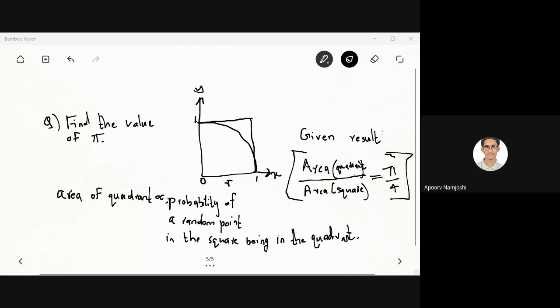Go ahead. We can think of anything which has area in terms of E. Okay, so if you can come up with a problem where a ratio of areas can be represented in terms of E, then maybe we can estimate that. I do not know of any such example, but theoretically we should be able to do it.